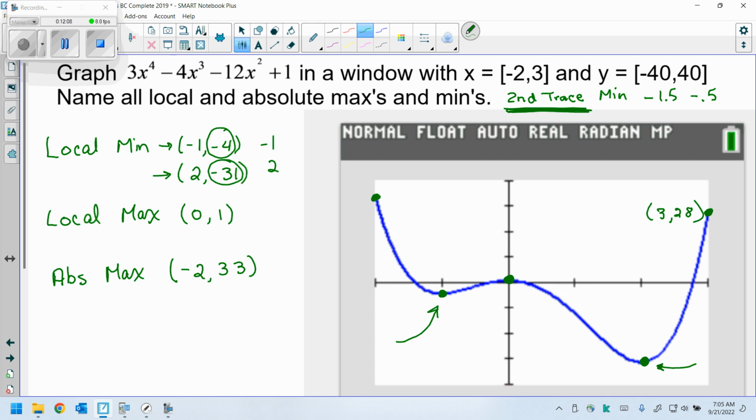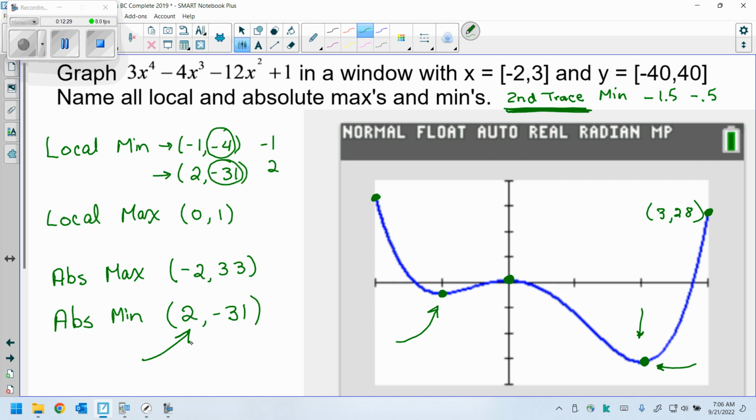So that was not the absolute max. Absolute min, what's the absolute smallest y value that we get over this entire interval? Well, that again occurs right here at 2. And if I'm asked for the point, I'm going to say 2, -31. If I'm asked for the x value, I'm only giving this.